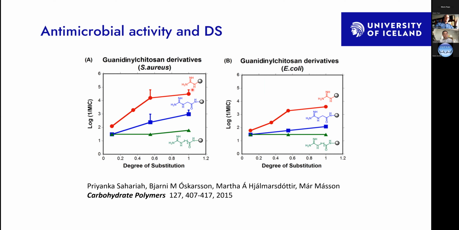The closer the group is to the backbone, the higher the activity, but also the activity increases with degree of substitution, which is something that we should see if it's having a positive effect. And the maximum is around 50% degree of substitution. And after that, you do not see so much further increase.